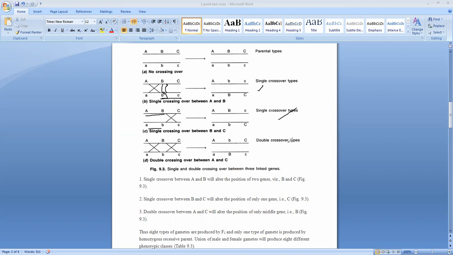In the case of double crossover, no gene is linked with any other; every gene is free to move. So A and B will exchange with each other, and B and C will exchange with each other. This B will come up, this B will go down, and they make a double crossover.